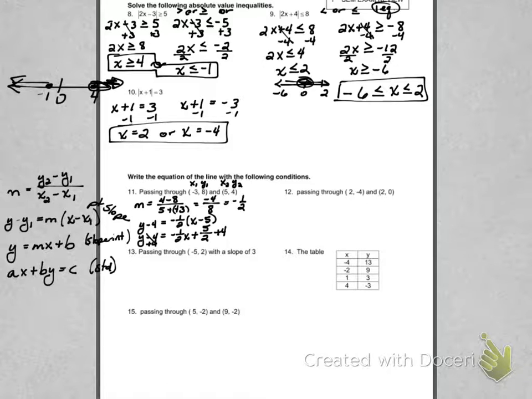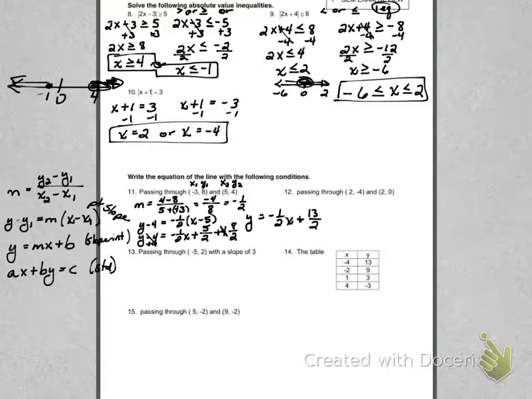So instead of 4, I'm going to write 8/2, because 8/2 is the same as 4, and that gives me a common denominator that allows me to add it to the 5/2. So then my final answer will be y equals negative 1/2 x plus 13/2.